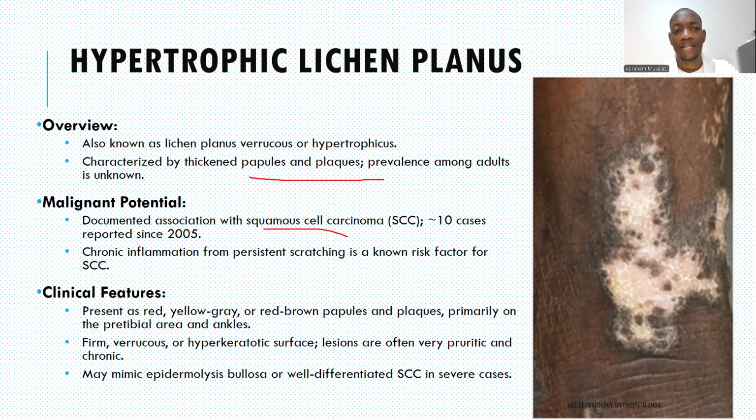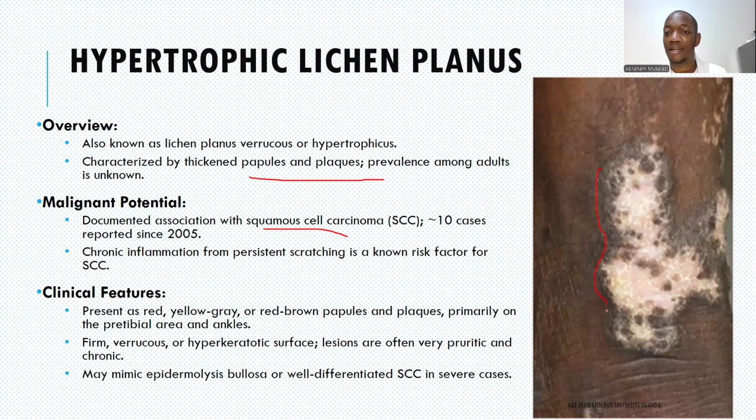A particular study done in 2005 showed up to 10 cases of squamous cell carcinomas developing in hypertrophic lichen planus. So when you see a patient with hypertrophic lichen planus, you need to follow them up and screen them for the possibility of developing squamous cell carcinoma. So that is how it will appear.